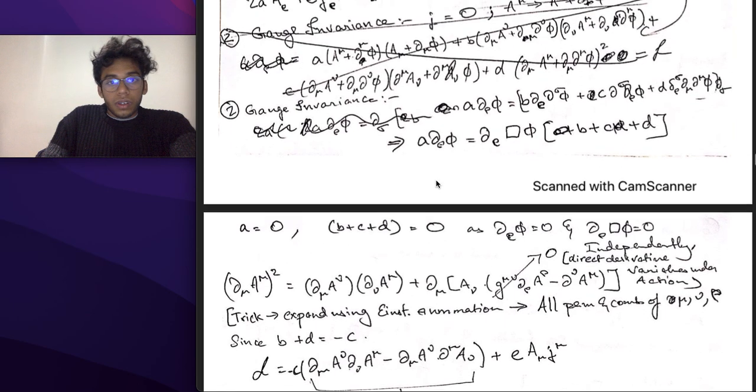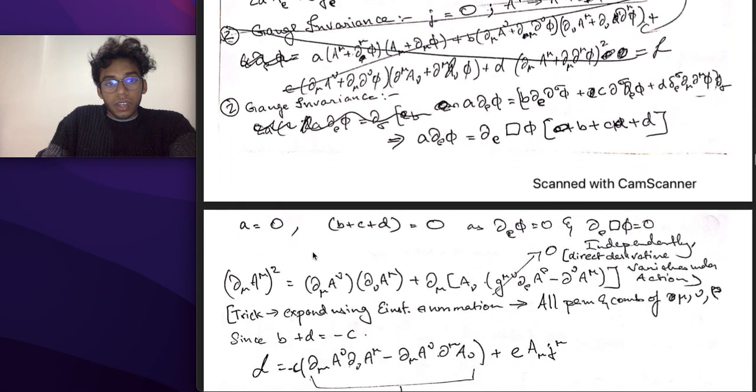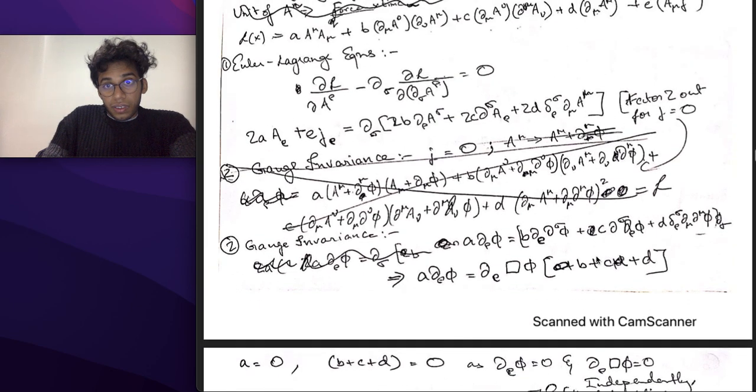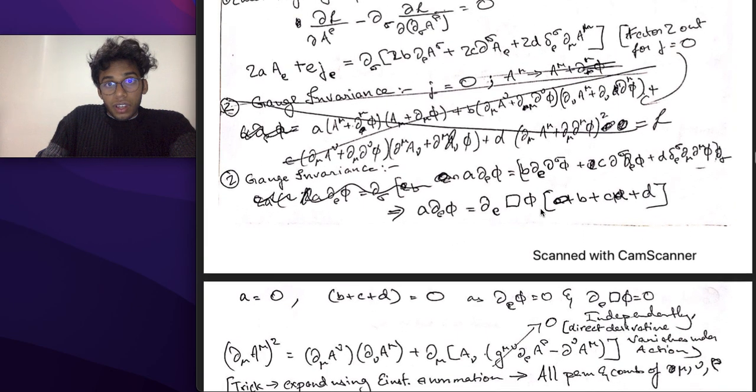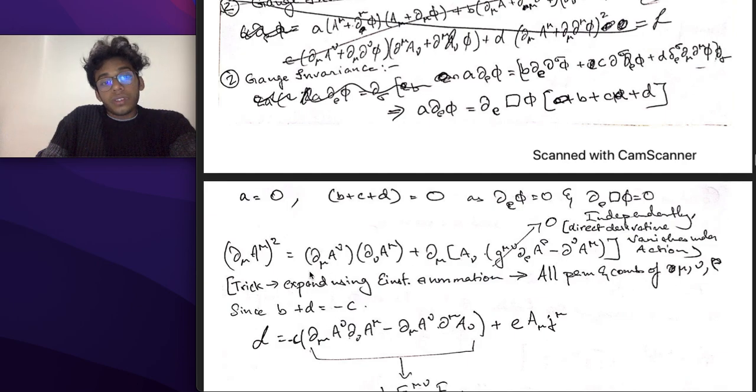Now the tricky part is that you can express the dou mu a mu square term of the Lagrangian using the Einstein summation notation. You can split it into all kinds of permutations and combinations of mu, nu, and rho. When you do that, you find that there is a term within dou mu, and that term has to vanish because it's a direct derivative, and any derivative of this naturally vanishes.